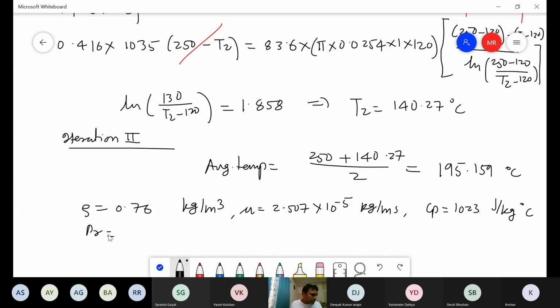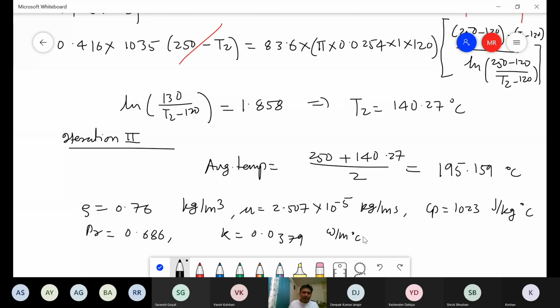Prandtl number is 0.686 and K is 0.0379 watt per meter degree Celsius.